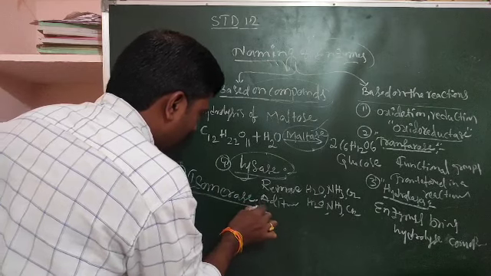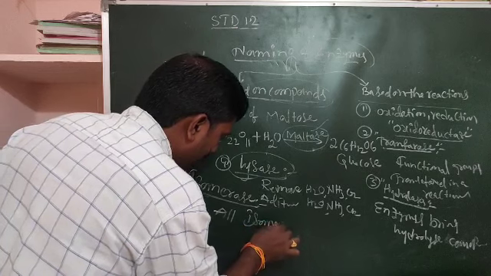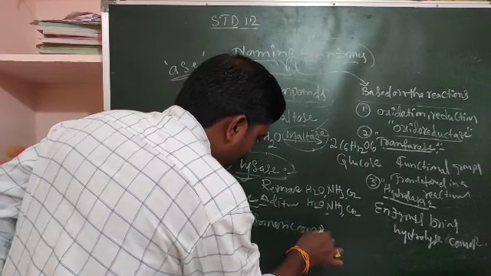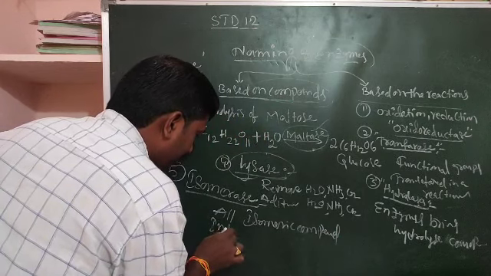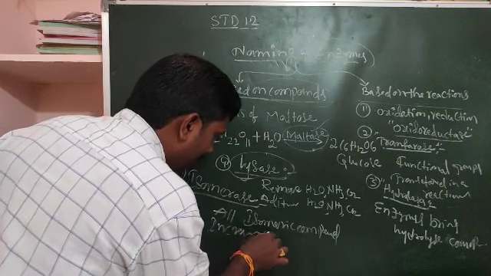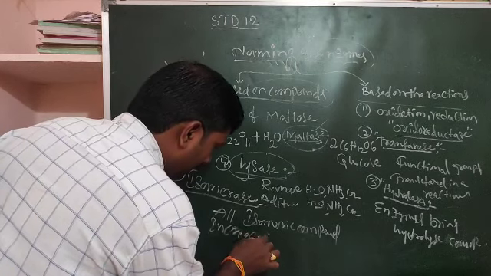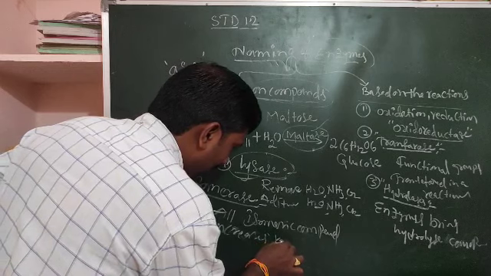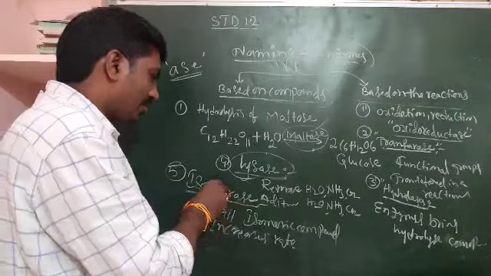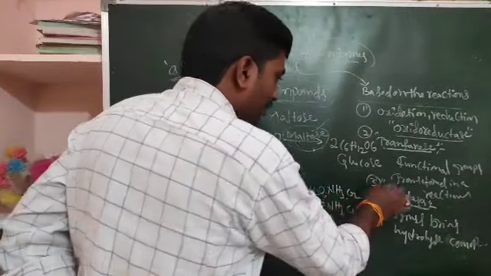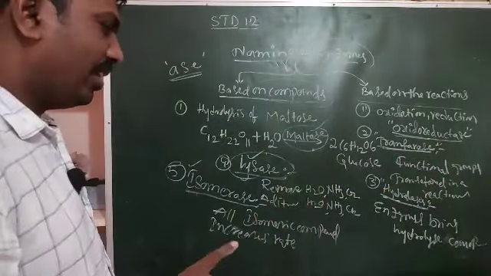Isomerase means we use it to increase the rate of reaction for all isomeric compounds. So this is also an enzyme name, based on the reactions.